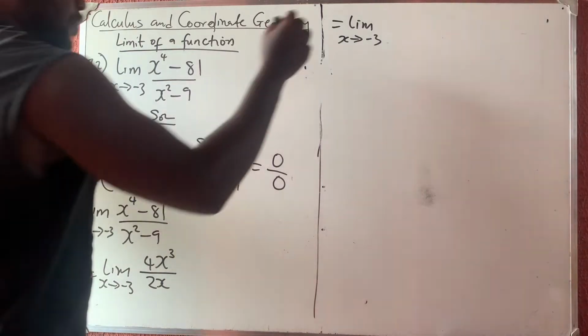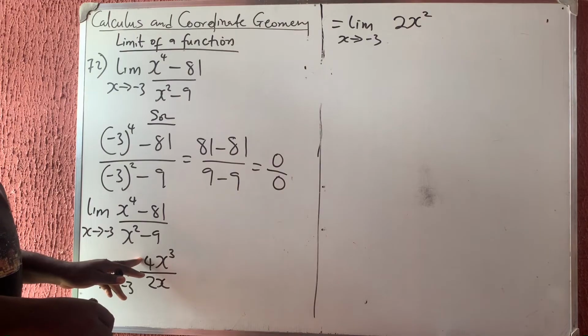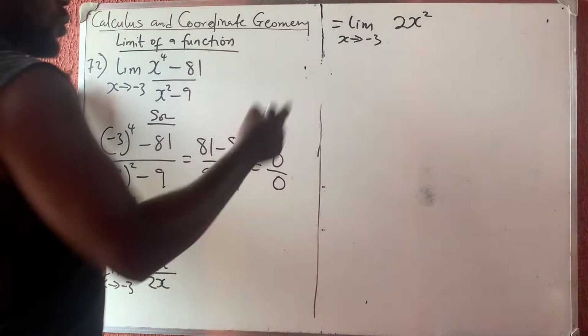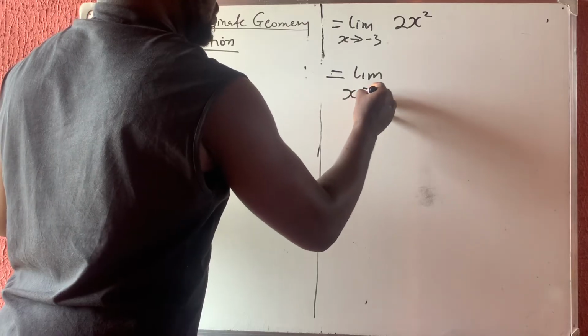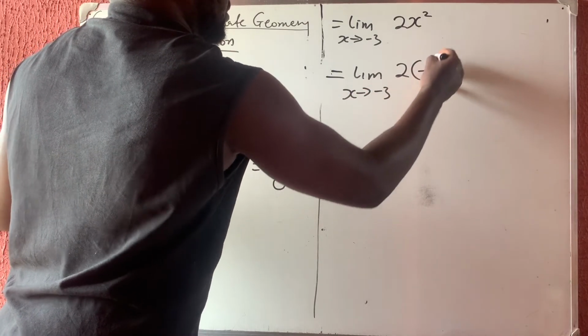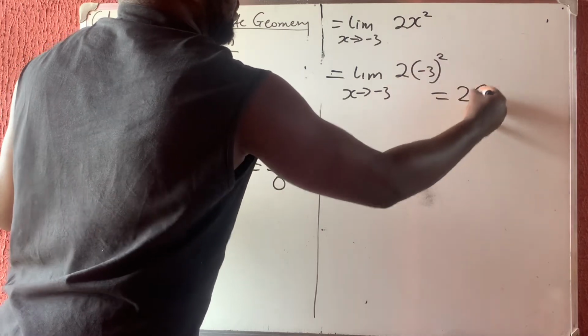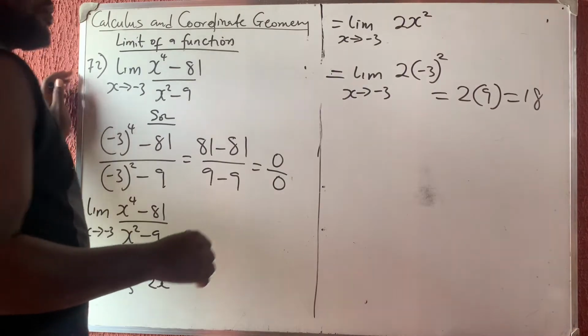This divided by this will give you 2x squared, right? 2 divided by this is 2, divided by this is x squared. So I can now substitute to have the limit as x approaches minus 3 of 2 in bracket of minus 3 squared, which will give you 2 in bracket of 9, which is what? 18. So that's the first step.